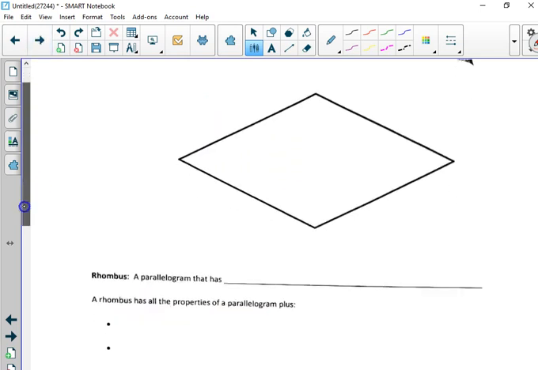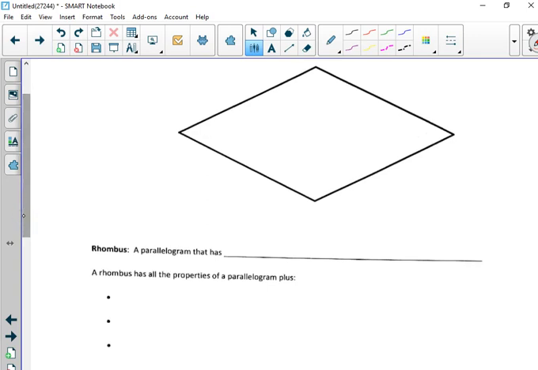Okay, the rhombus. Okay, the rhombus has four congruent sides. All right?